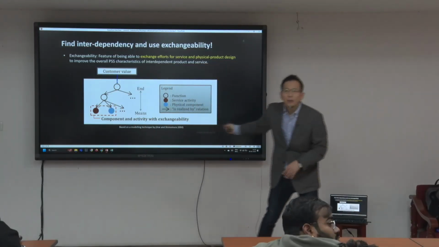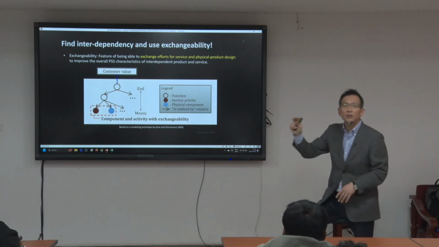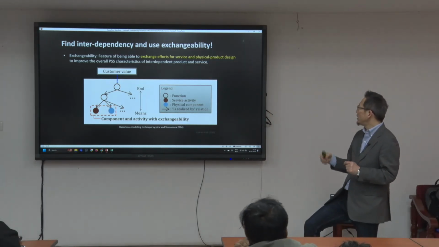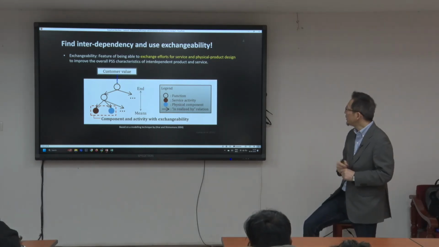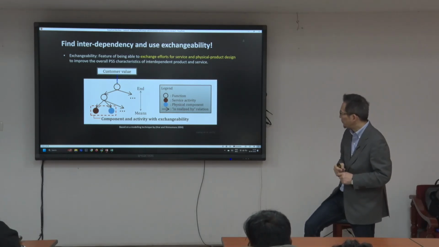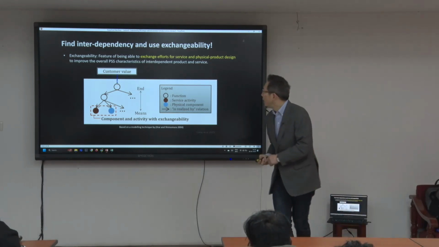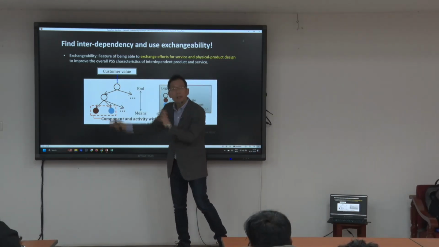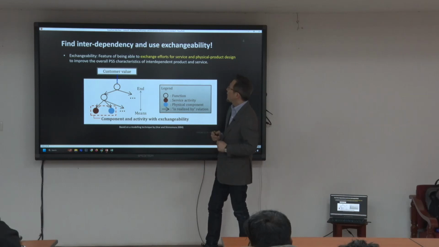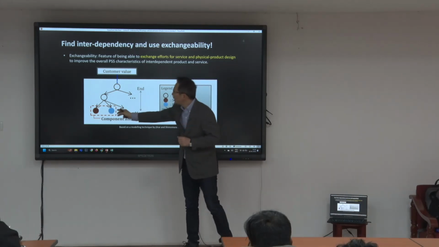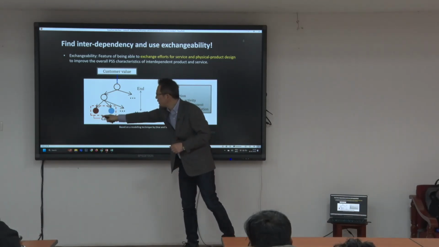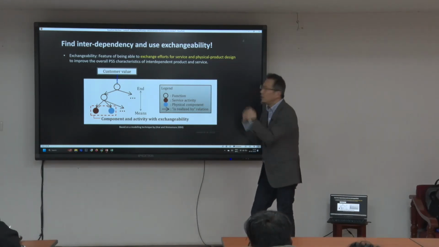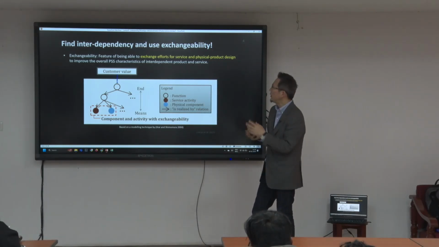That part shows that a certain function, a small white circle, is realized by the service activity or the physical component. And if this relation exists, we say that the efforts for the service activity or physical component can be exchanged. And we say that there is an exchangeability.